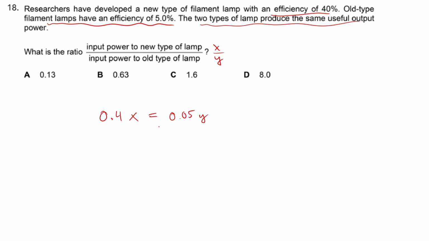And then we just swap things around. So you get x over y is equal to 0.05 over 0.4. And this turns out to be equal to 1 over 8, which is equal to 0.125, which is approximately 0.13, which is going to be A.